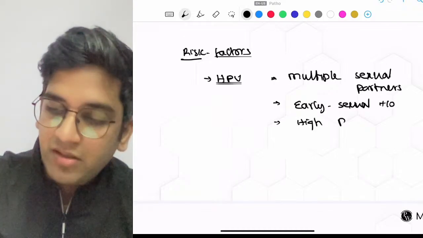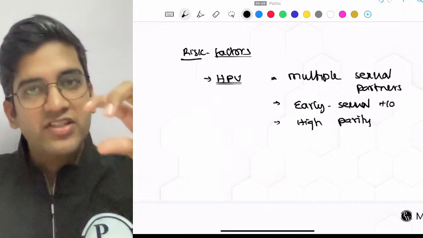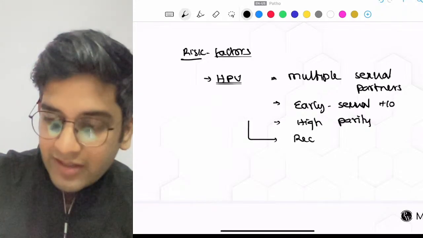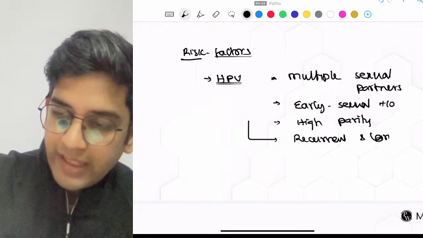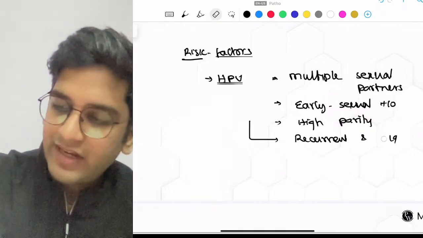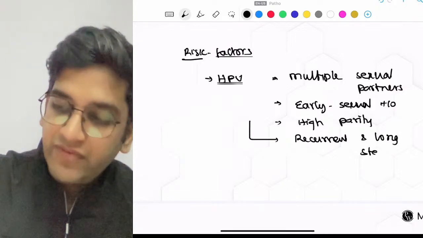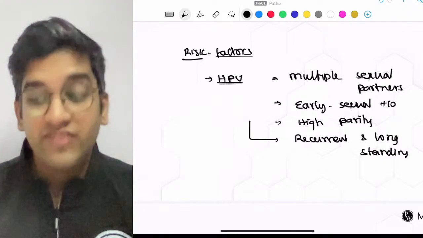All these are just add-on factors. The most important thing about HPV infection is a recurrent and long-standing infection. It's not once in a while. If I have one viral infection once in a while, it's completely fine. My body can easily take care of it. If it's recurrent sexual exposure and a long-standing infection, there's a very high chance.